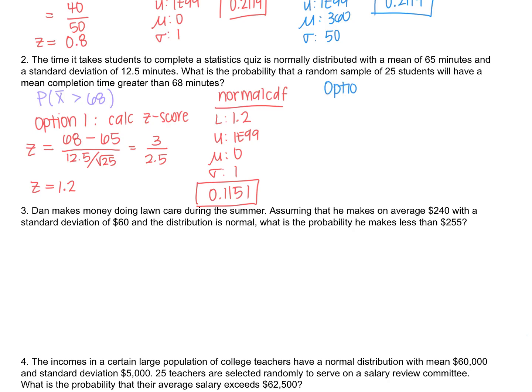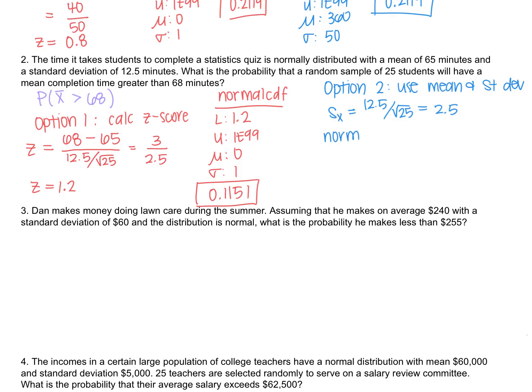For option 2, where we use our mean and standard deviation, the first thing I actually have to do is calculate my standard deviation. So I have to do 12.5 divided by the square root of 25, which is 2.5. I don't use the 12.5 as my standard deviation.